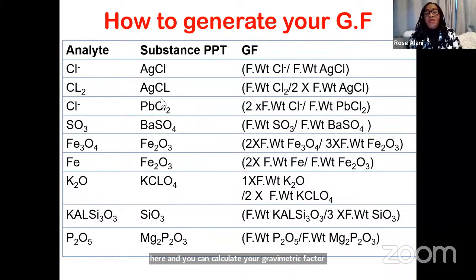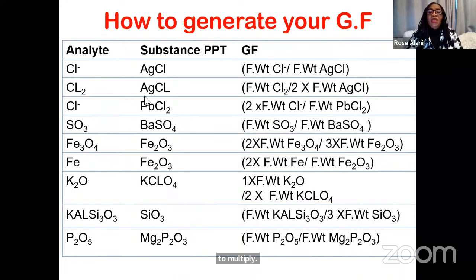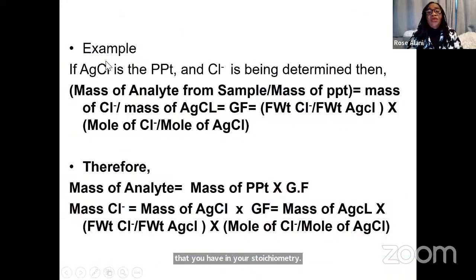Because you remember, you can now use your gravimetric factor to multiply by the ratio that you have in your stoichiometry. So you can now use your gravimetric factor here to multiply and get your analyte.